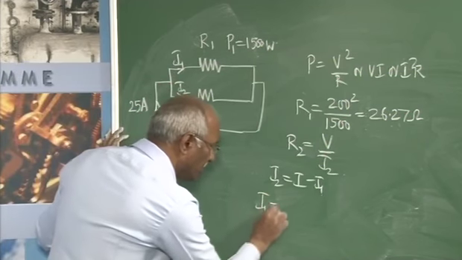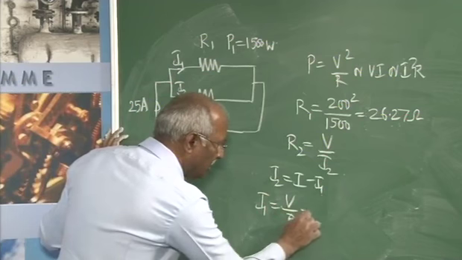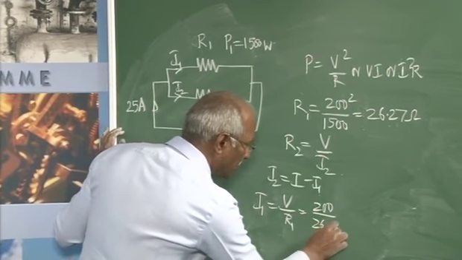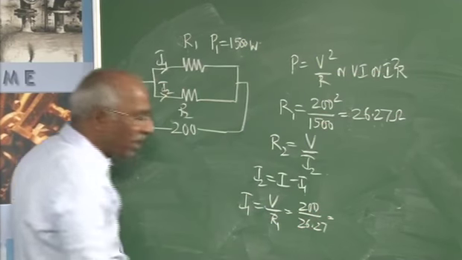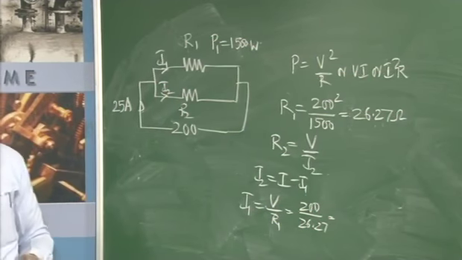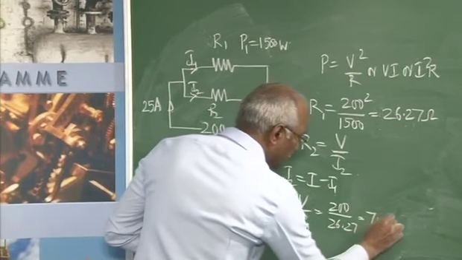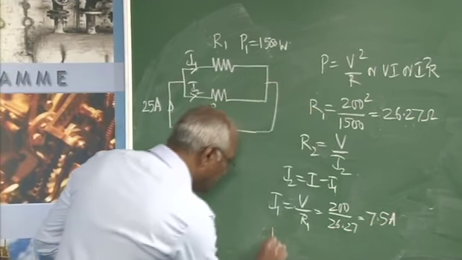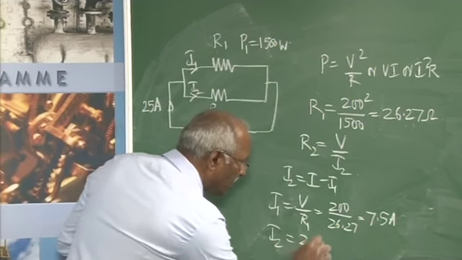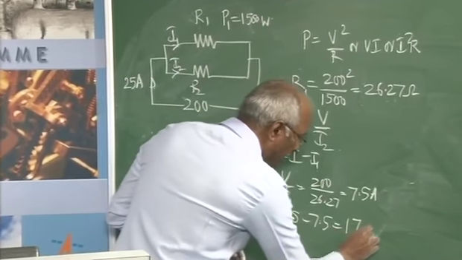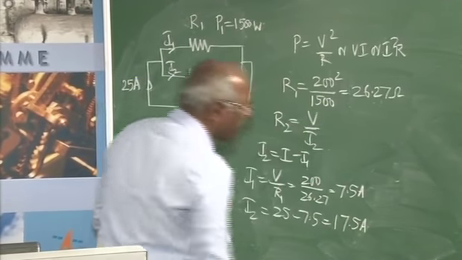I1 will be V by R1, this comes to 200 divided by 26.27 comes to 7.5 amperes. Once I get this, I2 is obviously equal to 25 minus 7.5 comes to 17.5 amperes.